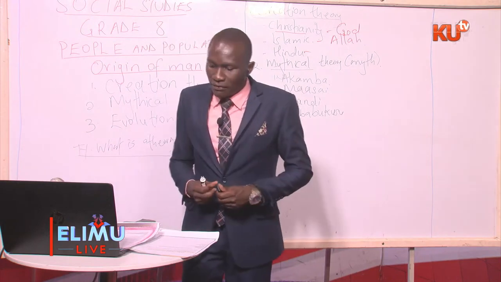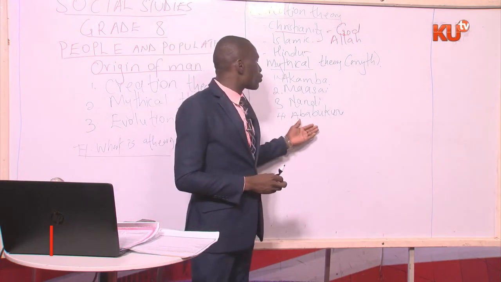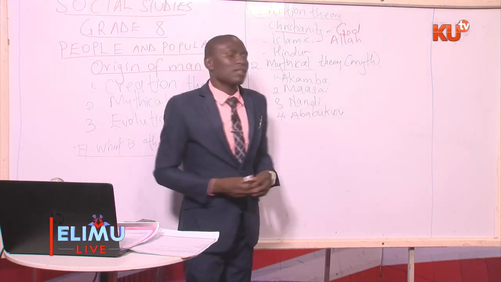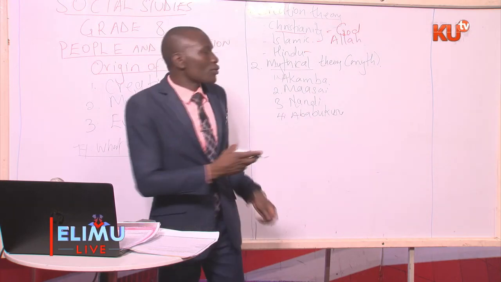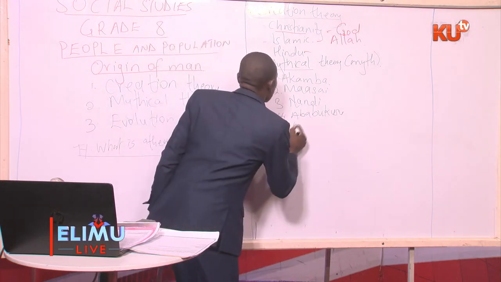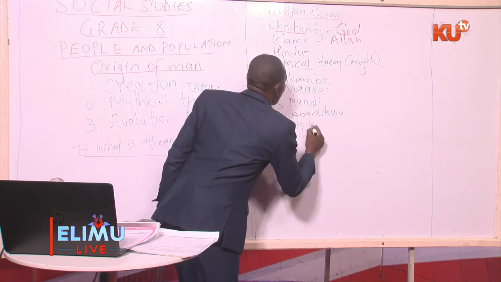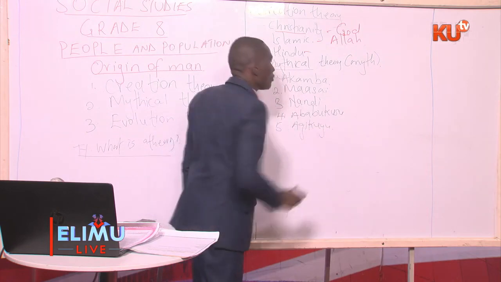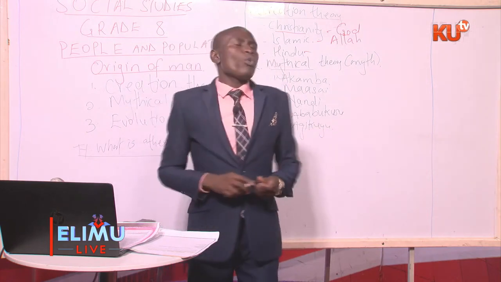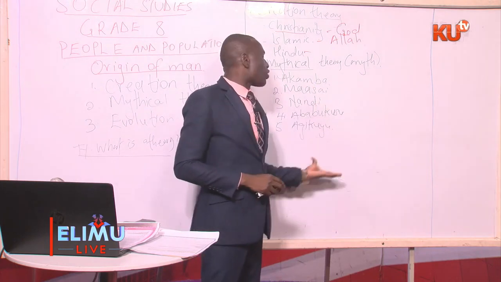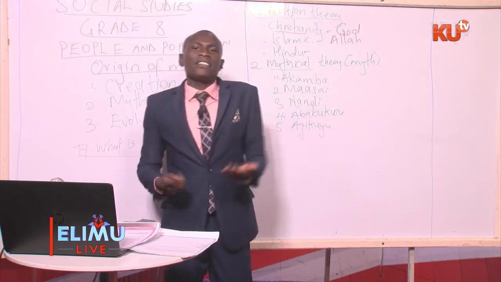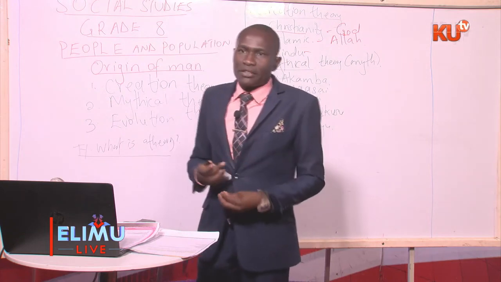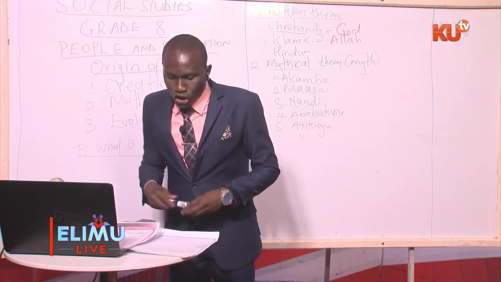The Ababukusu, the Nandi, the Maasai, and the Akamba, and also the Agikuyu. How do they believe about the origin of man? So when we talk about these communities, these are all mythical, meaning a myth is something that is not true. It is believed to have happened but is not true.